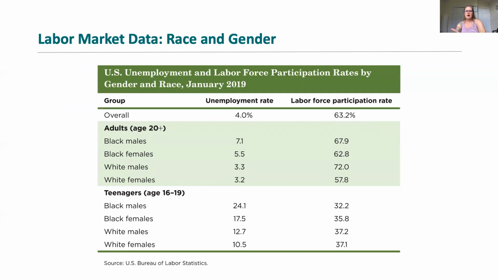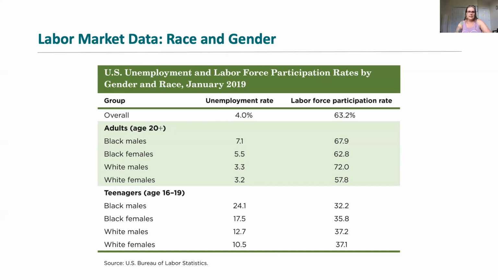Finally, we cannot underestimate or ignore that there are significant differences in unemployment rates across race and ethnicity. So here, this labor market data breaks down unemployment and labor force participation by both gender and race.